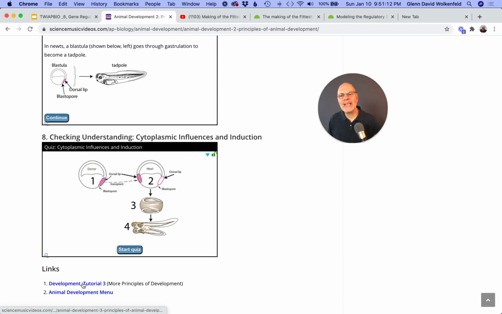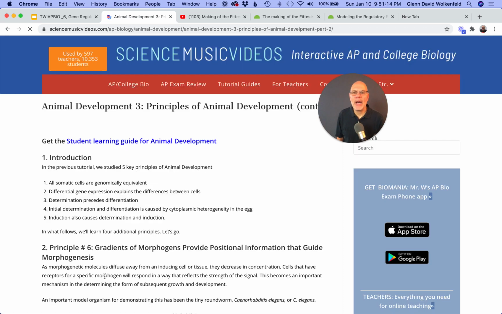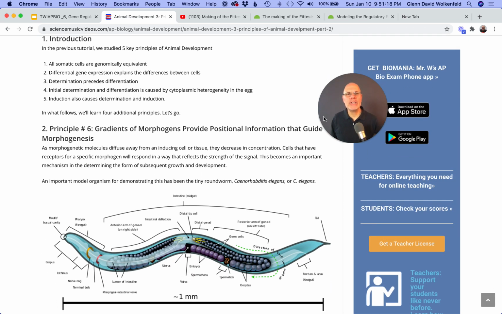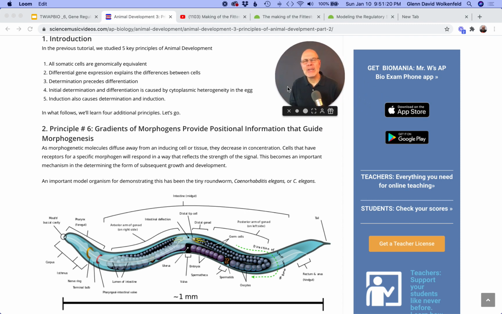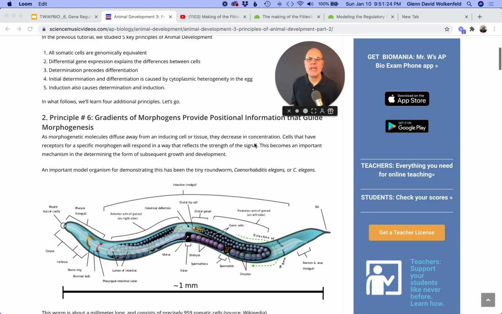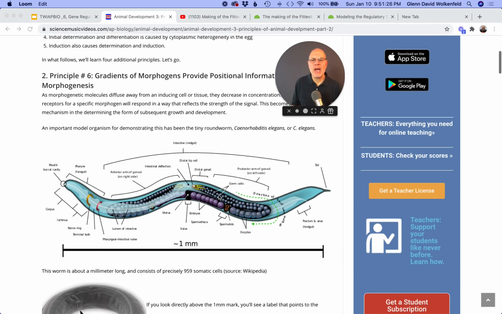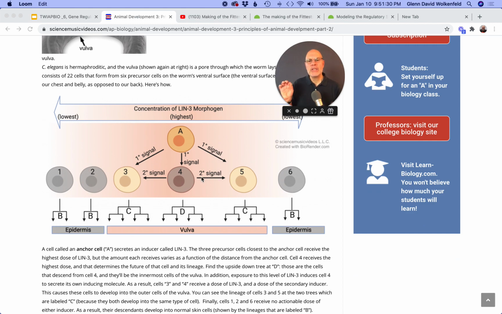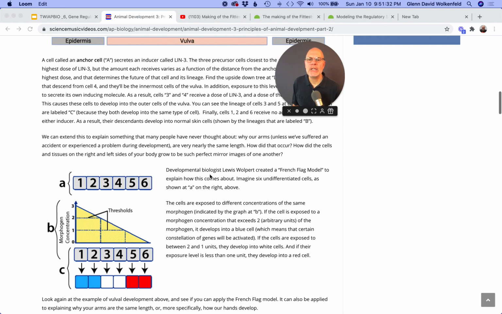Then we finally end development by talking about more principles, how there are gradients of morphogens that, again, tell cells what they should do based on their position in the organism. So we look at some studies of nematodes and how different tissues are signaled so that they develop in different ways.